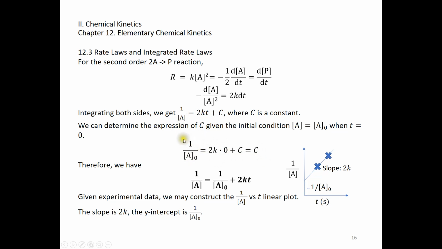C is simply 1 over A naught. And therefore we get this equation as the integrated rate law for the second order reaction from 2A to P. It's 1 over A equals 1 over A naught plus 2kt. By looking at this equation, we know if we plot 1 over A versus time, we'll get a slope, and the slope is 2k. The y-intercept is going to be 1 over A naught.